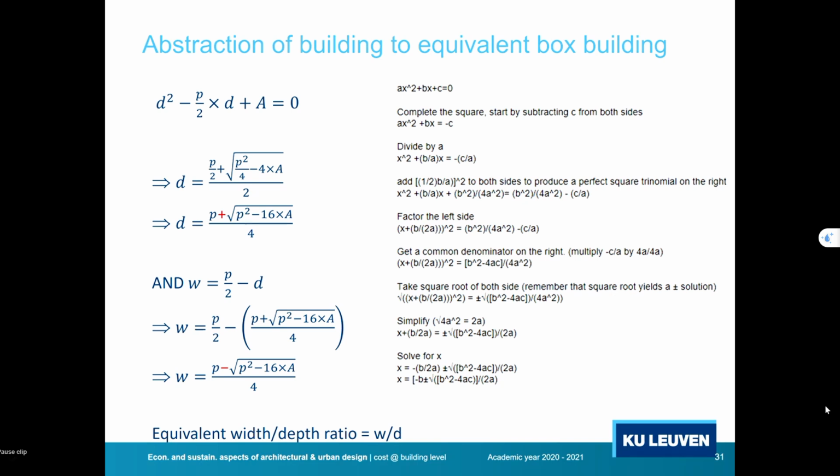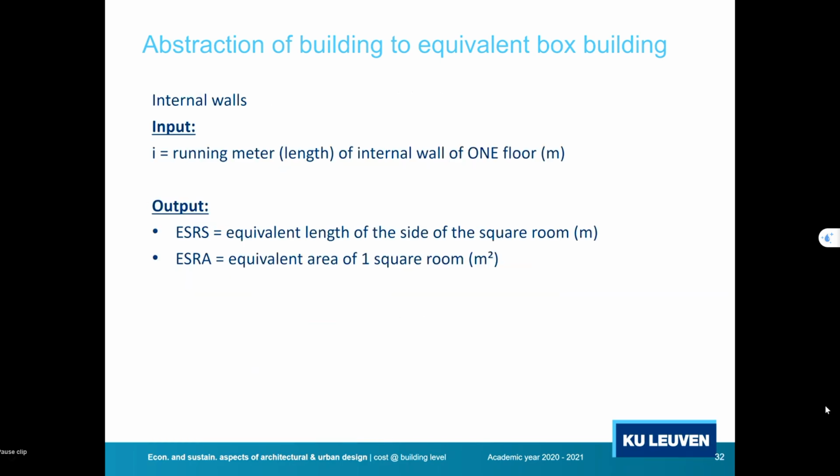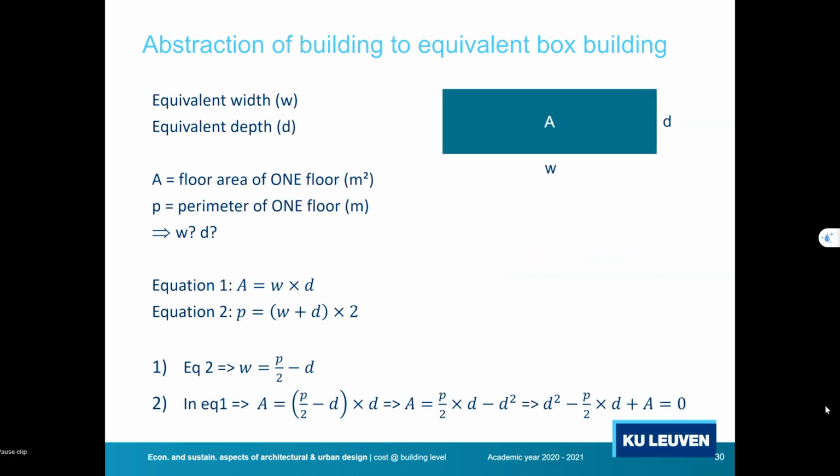So by calculating this, you know all the parameters, you can solve it and calculate the depth of your building, and equally the width of your building. And as such, you have determined the two parameters for your equivalent box building, and you can draw it on one of the grids that are provided on Toledo.